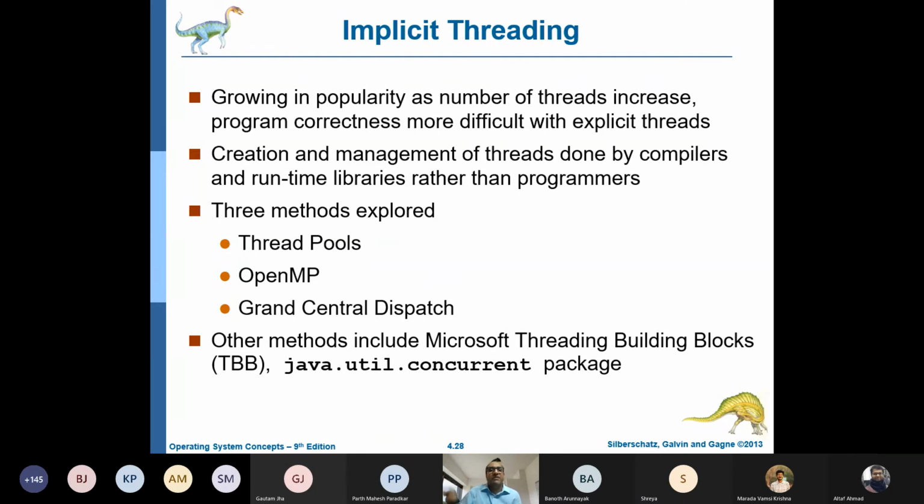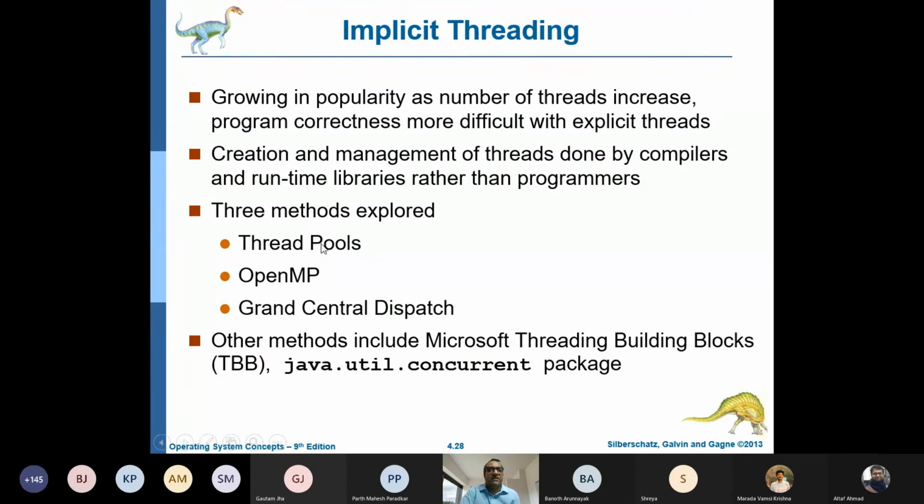Then at compilation time, the compiler, by looking at those directives, introduces and manages the threads. That's what is meant by implicit threading: a semi-automatic way of introducing and managing threads by the system, making use of the compilers and the runtime libraries.